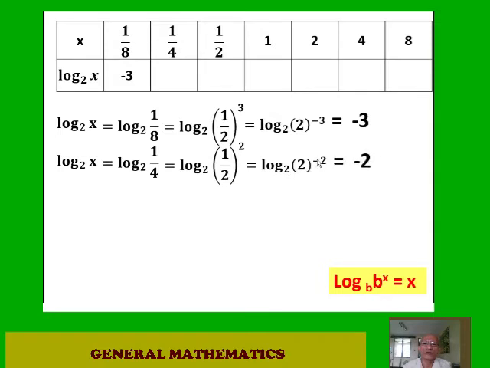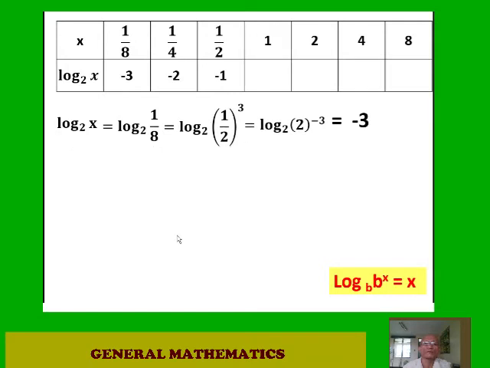The value is equal to the exponent negative 2. Okay, the next value of x is 1/2. Substitute x with 1/2, and 1/2 is changed into 2 to the power of negative 1. We have the same base 2, so the value of this logarithm is equal to the exponent negative 1.